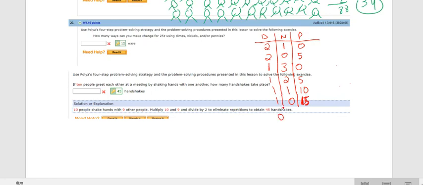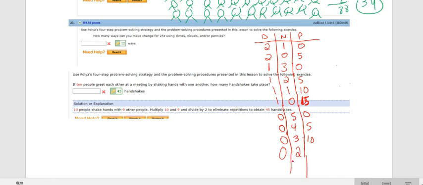Or I could have 0 dimes, 5 nickels, 0 pennies. I could have 4 nickels, 5 pennies. I could have 3 nickels, 10 pennies, or 0 dimes, 2 nickels.